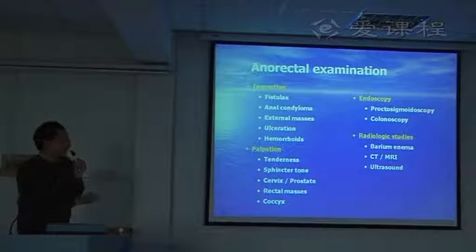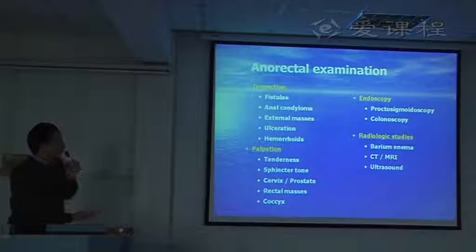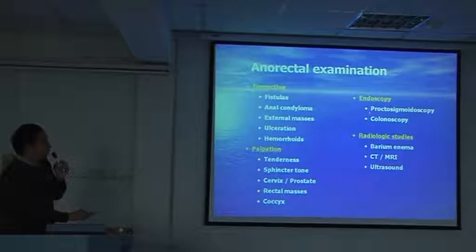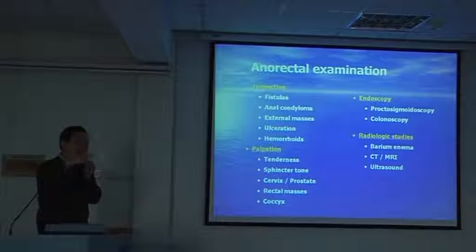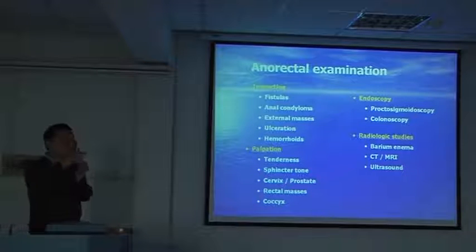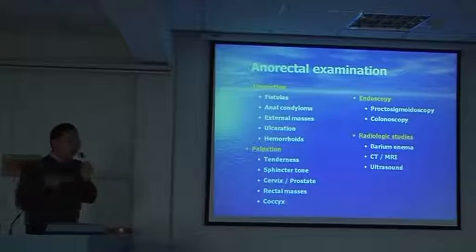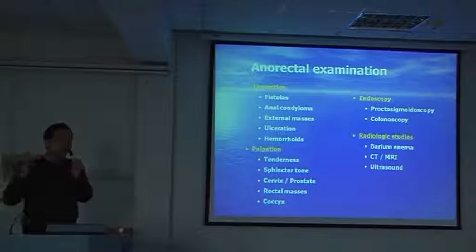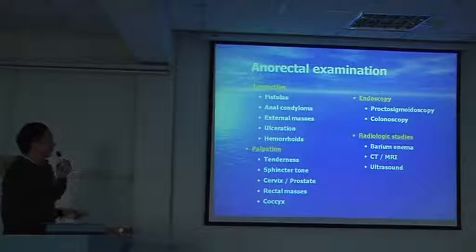It can only reach into the sigmoid, cannot go further. So mostly we use flexible colonoscopy. From the anus we can insert the colonoscope and go to the end of the ileum. So the whole colon and rectum can be seen clearly on the screen.